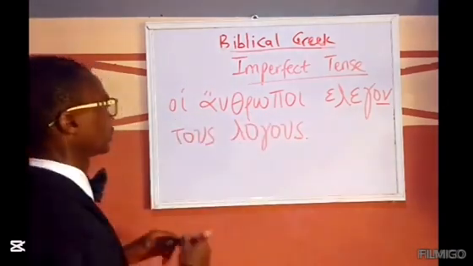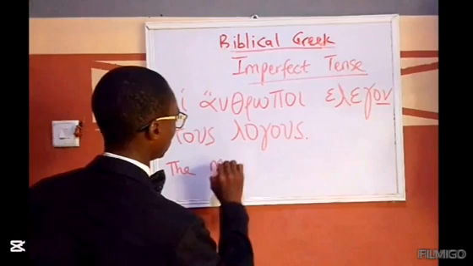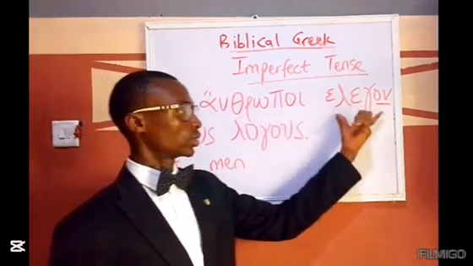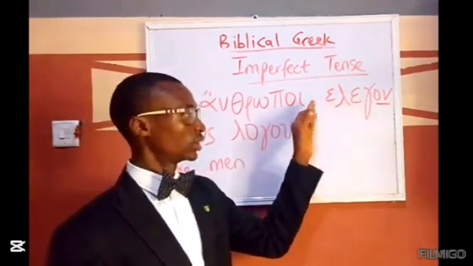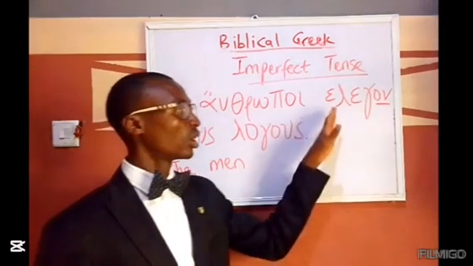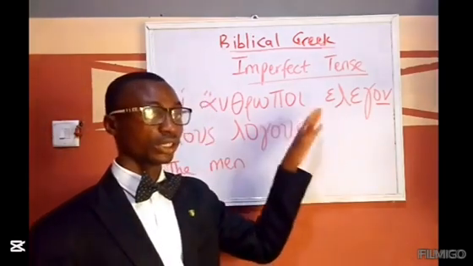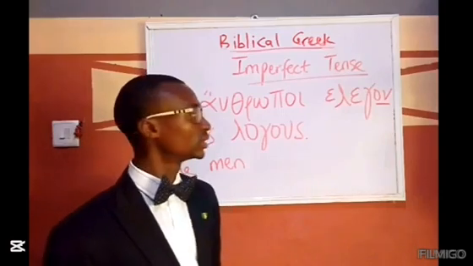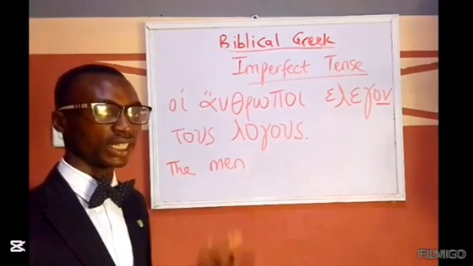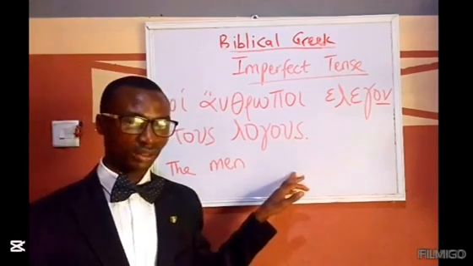Oi anthropoi: anthropoi means men, so the men. Now, elegon could be I was speaking, or I used to speak, or they used to speak, or they were speaking or saying. But so long as we have this context saying the men, in English, to have a good construction, it can be the men were speaking.